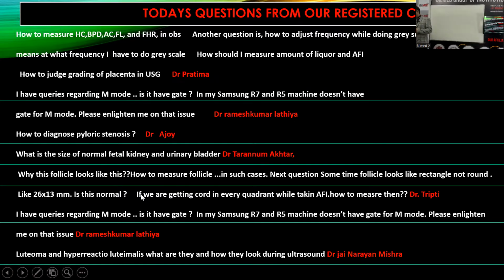Next question from the same doctor, Dr. Tripti, is, if we are getting cords in each and every quadrant, what to do, how to measure the amniotic fluid. This is a repeated question, I think. Then Dr. Ramesh is posting regarding the M mode, which I have taken.